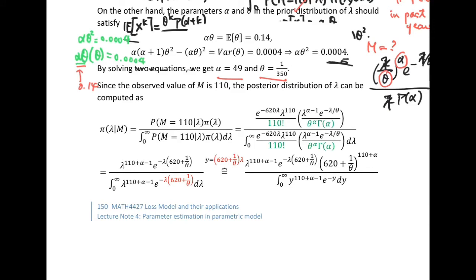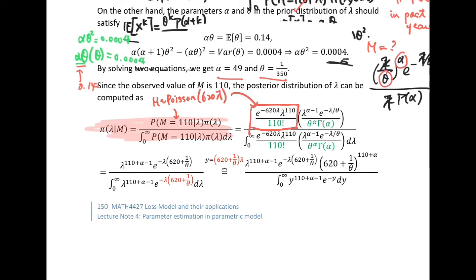Remember our posterior distribution is given by this formula. Then you can substitute the above results into this equation and expand everything. First of all, for the first conditional probability, remember M follows the Poisson distribution with the mean equal to 620 lambda, right? So this is what you get.